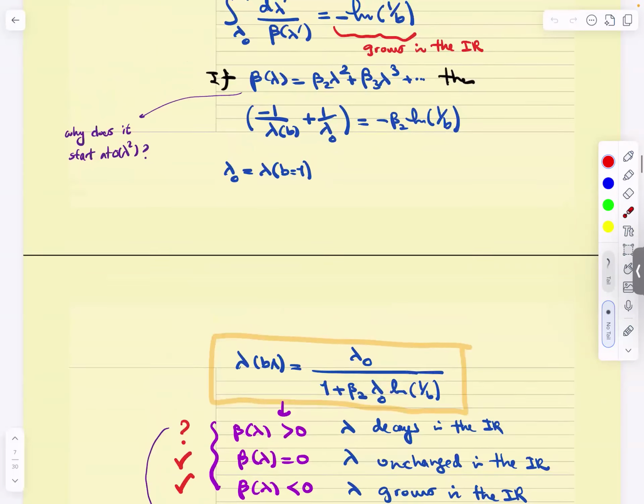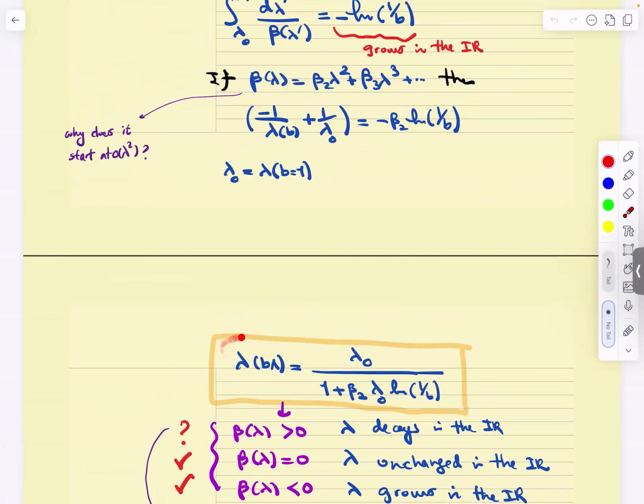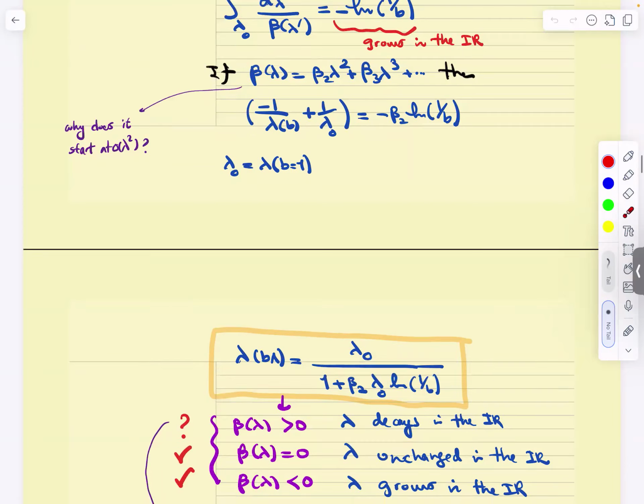So you could invert this and find λ at some lower scale in terms of the UV value. When b is less than 1, this is a positive number. So if β₂ is positive, in the infrared the coupling will go away. If β₂ is negative, it can grow in the infrared.